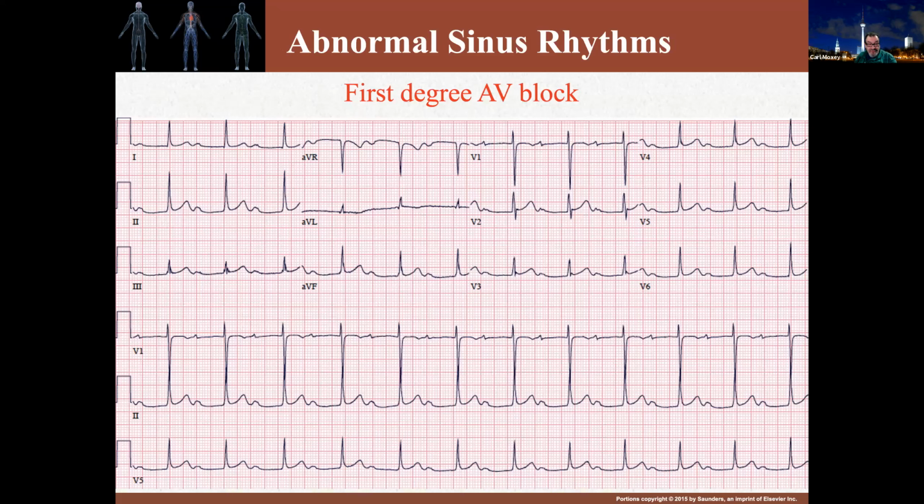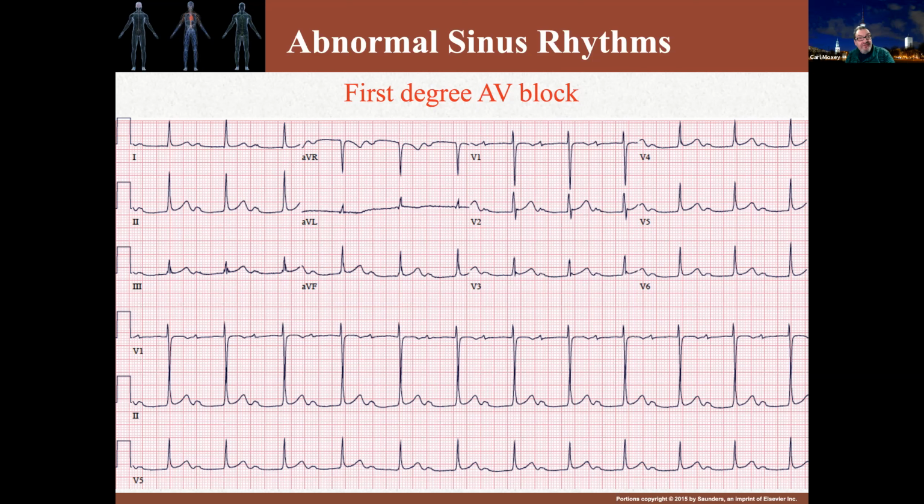When you look at this, you will find the following characteristics. There is no change in the P waves, so P waves all look the same. However, the PR interval is longer, with a duration longer than 200 milliseconds.